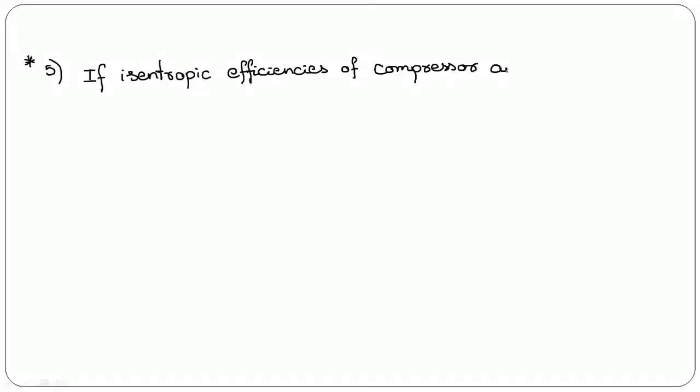So this is for maximum work done. If isentropic efficiencies of the compressor and turbine are given, then what happens?